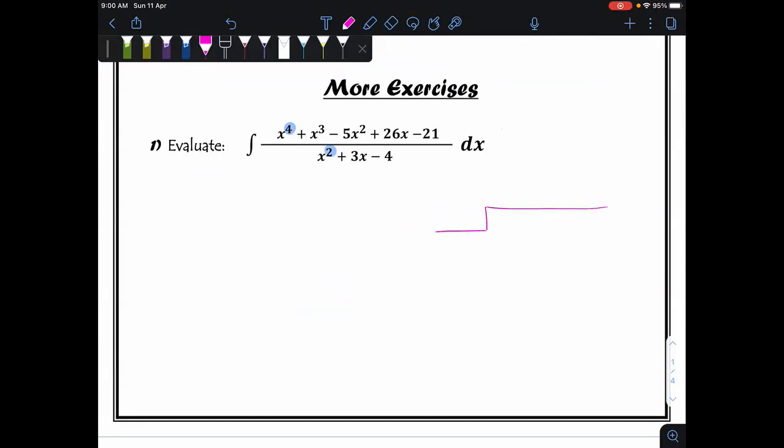So the first one here is x to the power of 4, plus x to the power of 3, minus 5x squared, plus 26x, minus 21, divided by x squared plus 3x minus 4.